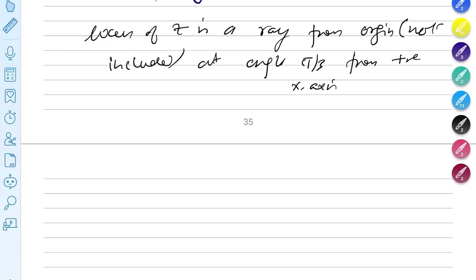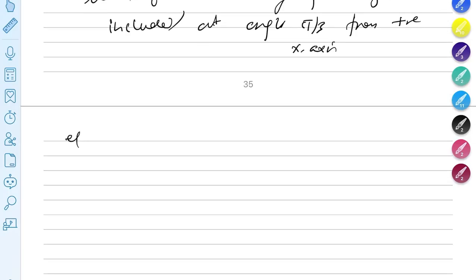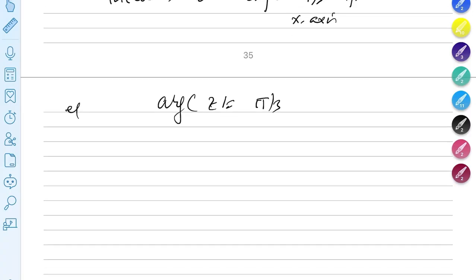Similarly, let's take one more example. By the way, one important thing: if we try to solve this problem with coordinate geometry, let's say the argument of z is equal to pi by 3, we get tan inverse y by x is equal to pi by 3.